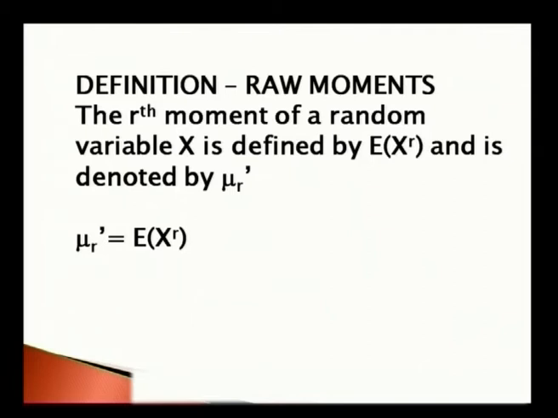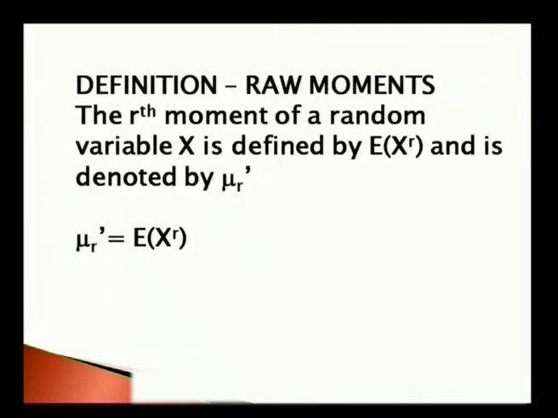The first definition goes with the definition of raw moments. The rth moment, always we will deal with the general term, rth moment of a random variable x is defined by expectation of x power r and is denoted by mu r dash. In this definition, nothing is mentioned about the random variable nature.